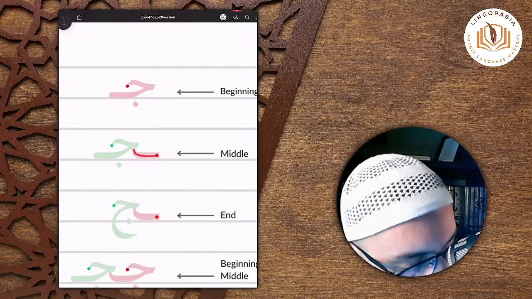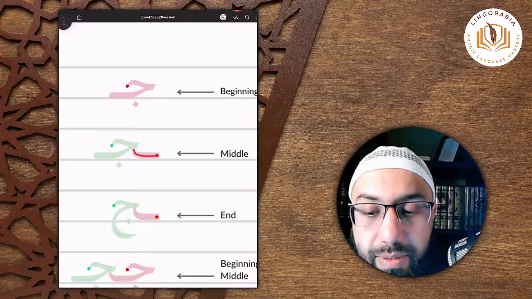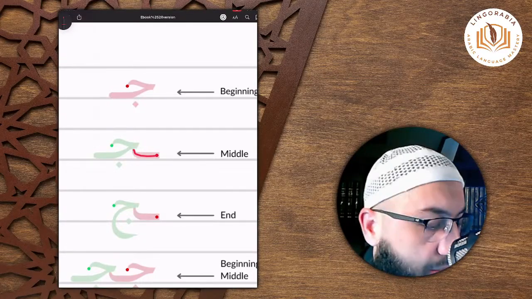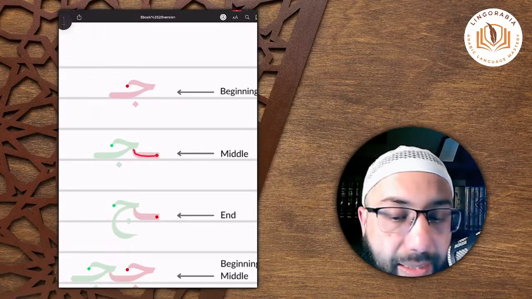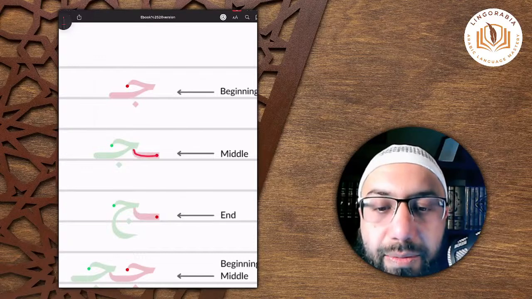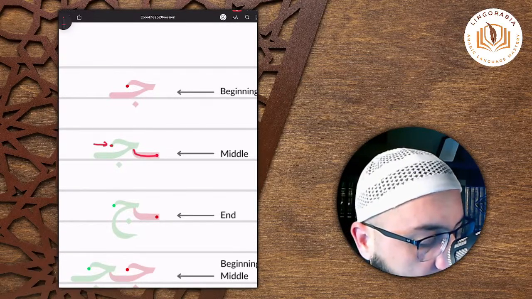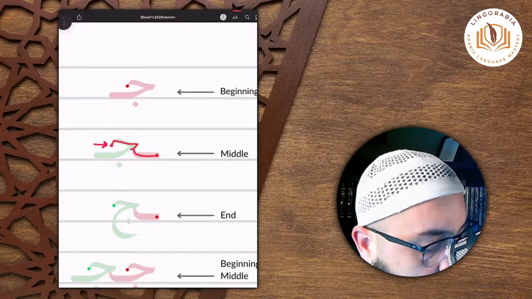You go until you reach the jim. Then you release the pen. Now you do this line, what you see here. I drew a line here. You just draw this line, and then you release the pen. Then you start at the green dot and restart. Once you release the pen, you start here, and then you go like this and connect it.